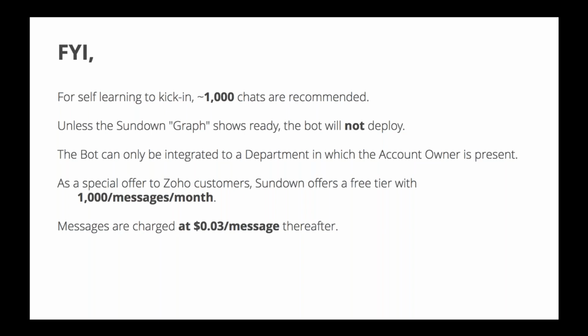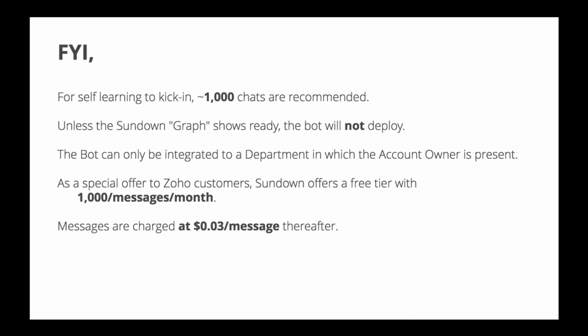So once you cross that 1,000 chats threshold, each message that Chloe responds to will be charged at just 3 cents. So the entire billing process is prepaid. You buy what's called credits in advance, just like your prepaid phone, and it starts deducting the usage costs from that prepaid credit, which means that in one particular month after you've had a huge volume of traffic to your website, you will not be looking at a huge bill from Sundown.